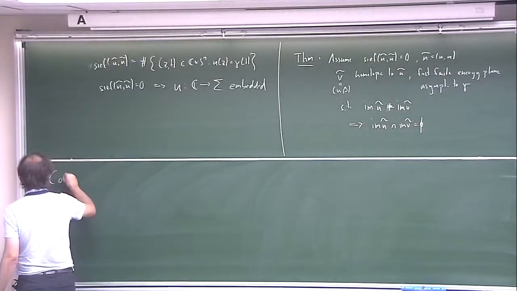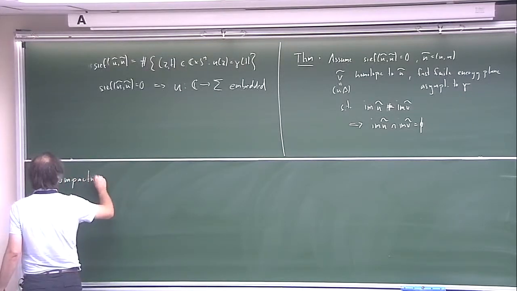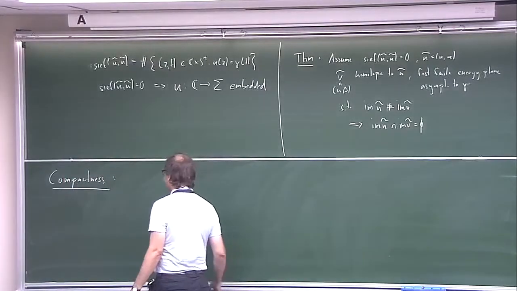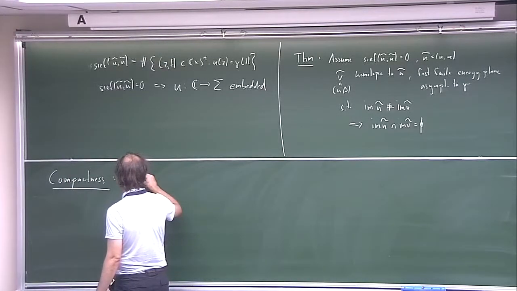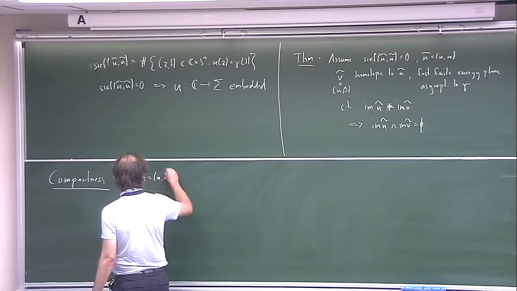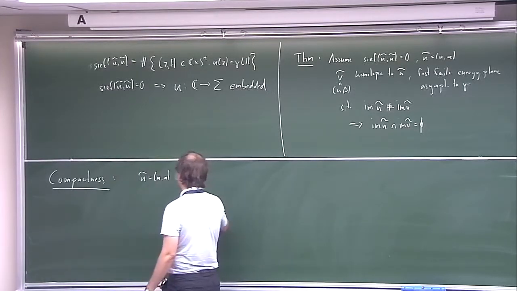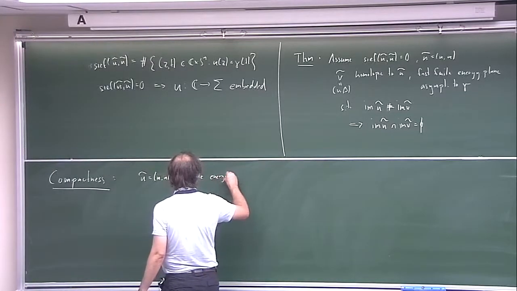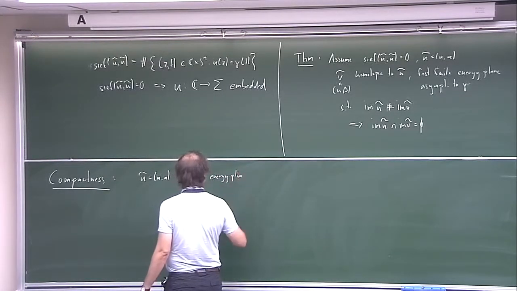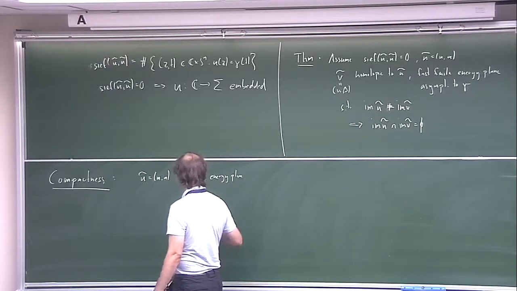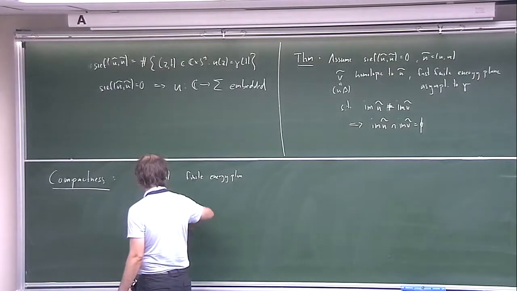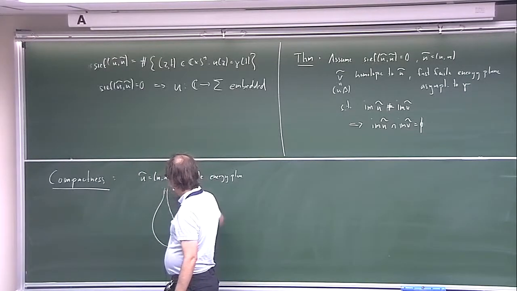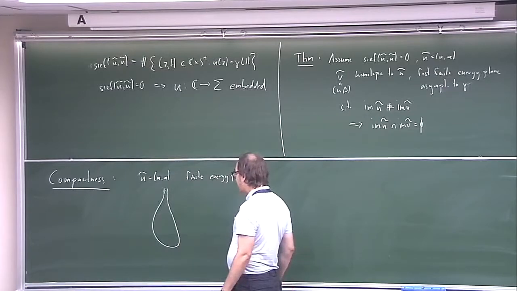So compactness. Let's suppose we have some finite energy plane, and it looks like this, asymptotic.